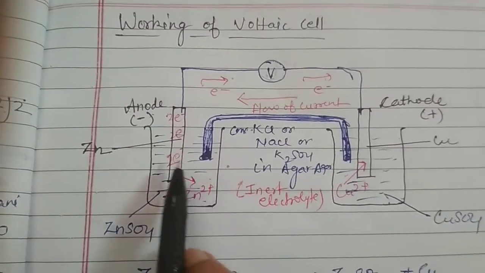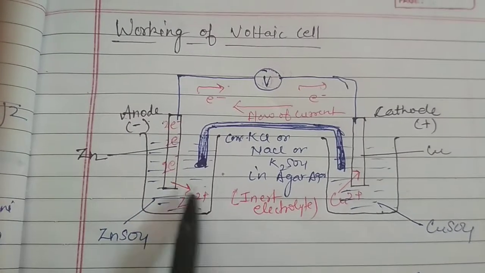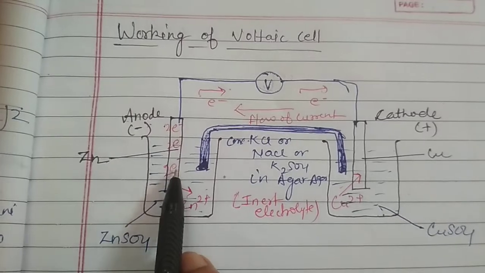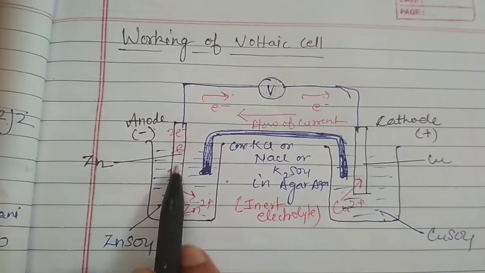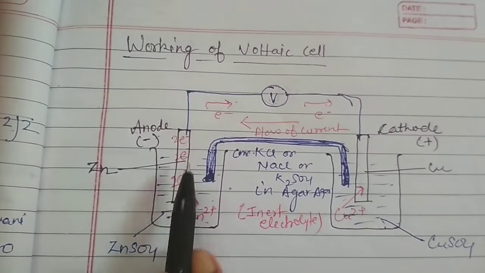Zinc would be oxidized and move towards the solution in the form of zinc ion by de-electronation. And due to the de-electronation, a number of electrons would be left on this zinc rod.